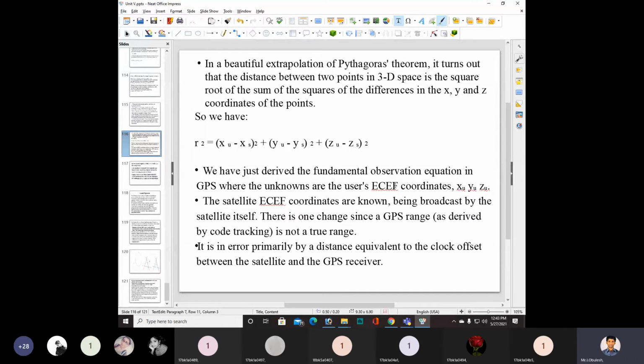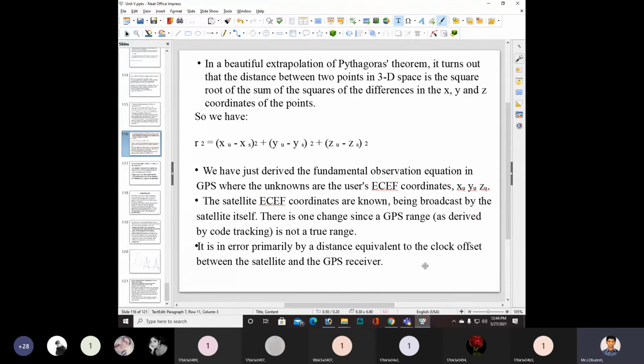The satellite ECEF coordinates are known, being broadcast by the satellite itself.